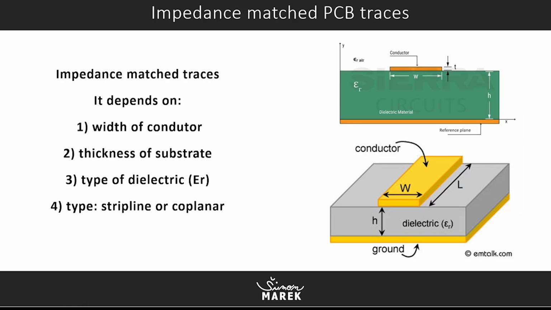Then there are impedance matched PCB traces. It also depends on the width of the conductor, the thickness of the substrate, the type of dielectric, stripline or coplanar, and for differential pairs, it also depends on how close to each other they are placed, and the distance to the ground plane.